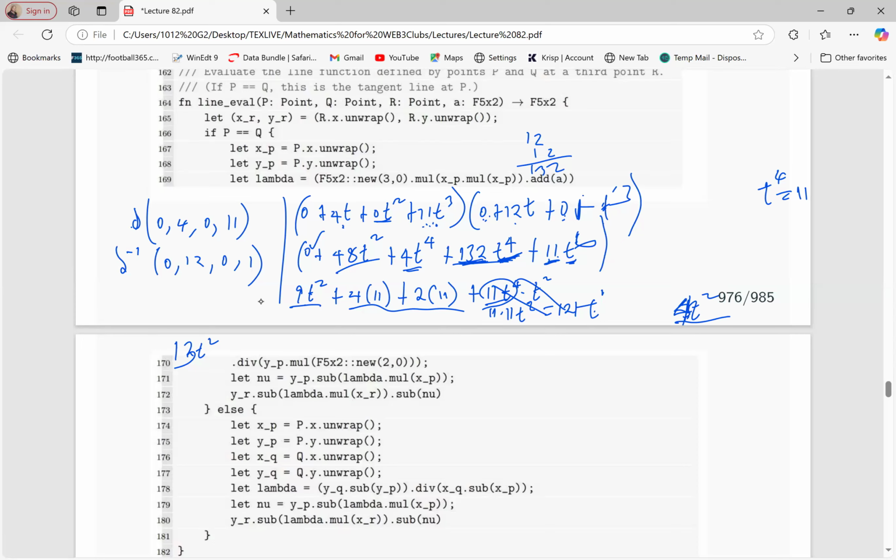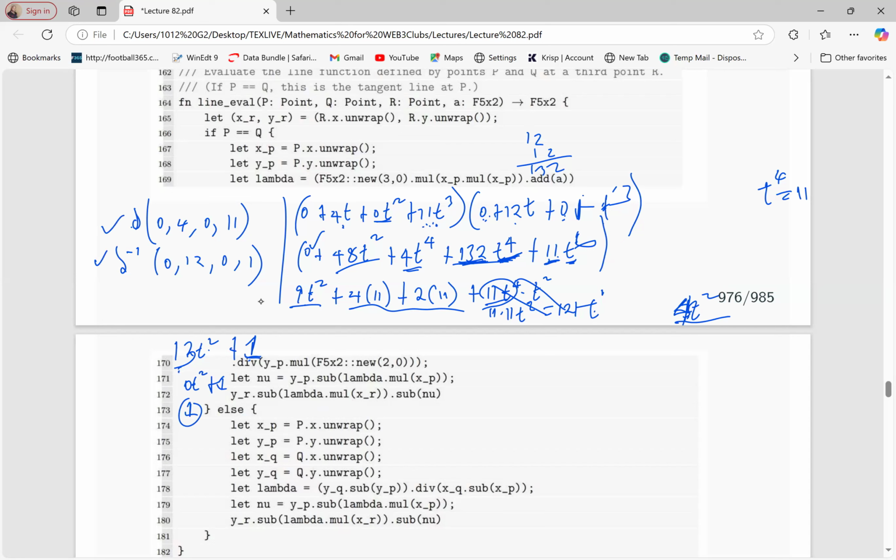The remainder is 1. So this is the same as that. But this is 13t squared, and 13 into 13, the remainder is 0. So this is 0t squared plus 1. So that is 1. It means this and this are inverses of each other.